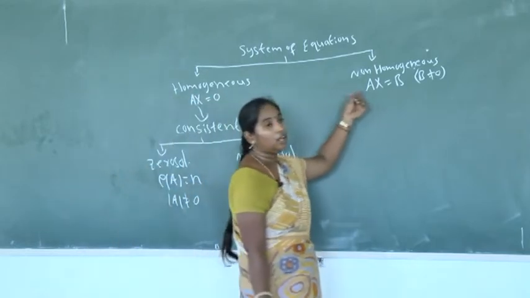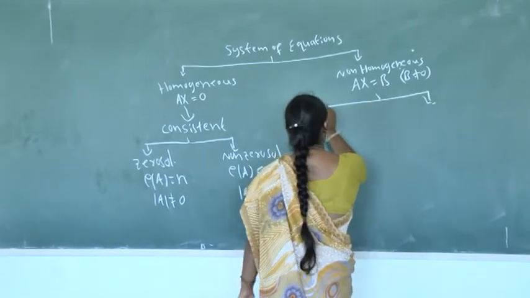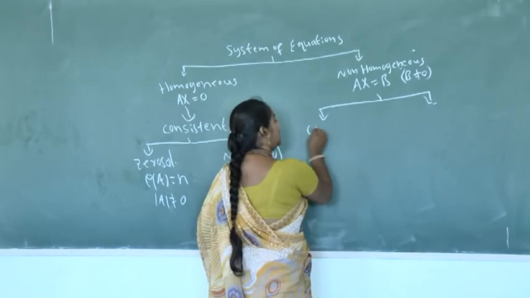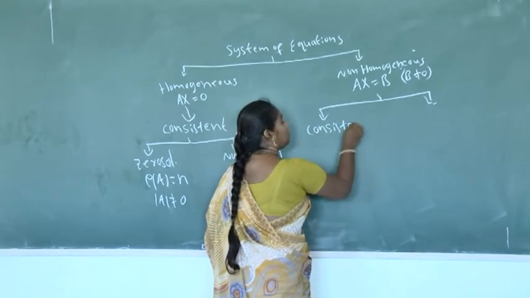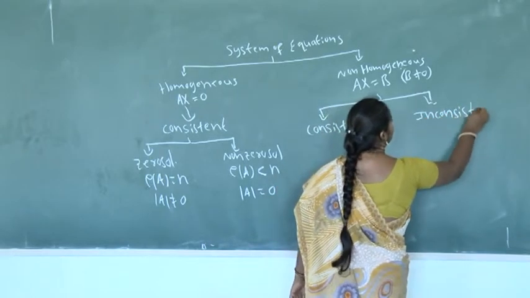Coming to the second one, the non-homogeneous system, it may have a solution or it may not. That means it may be consistent or inconsistent. Inconsistent means it does not have a solution.